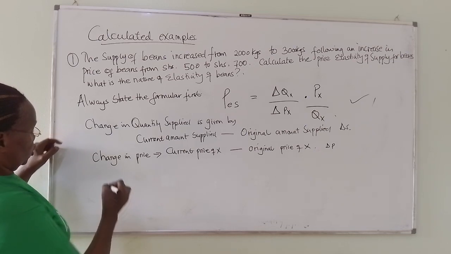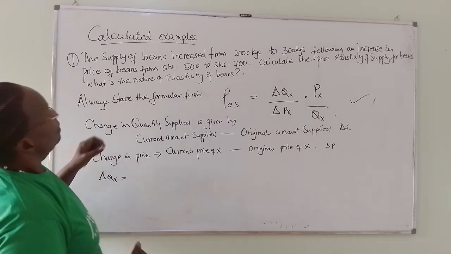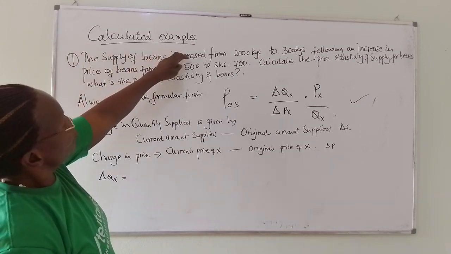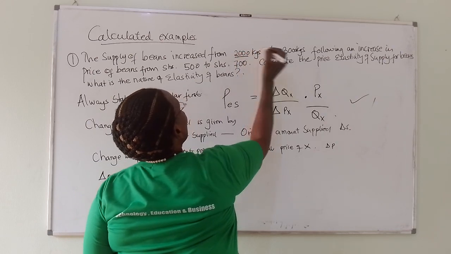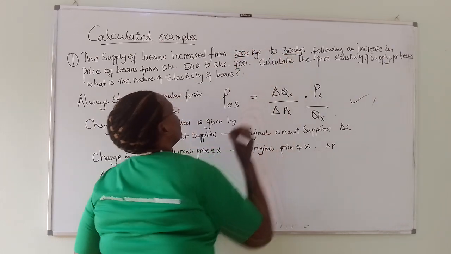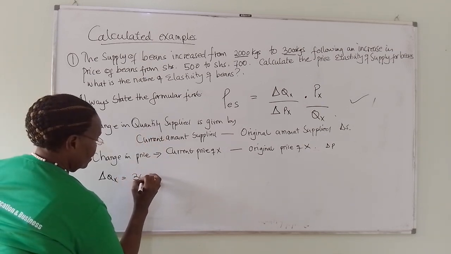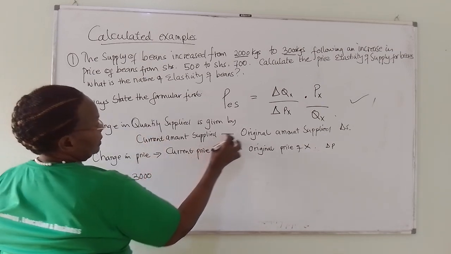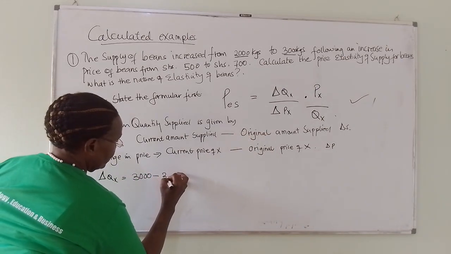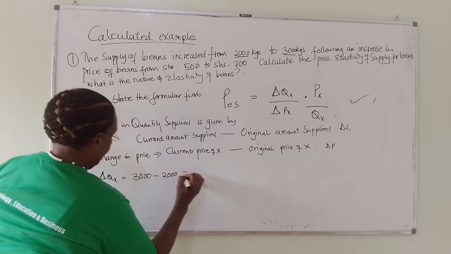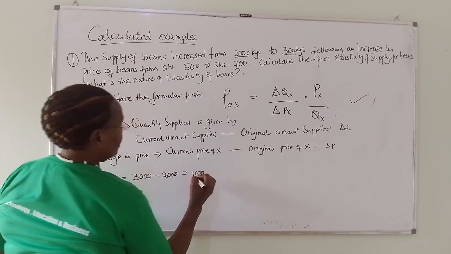So let's calculate the change in quantity supplied of X. They are telling us that the supply of beans increased from, which means that this is our original quantity and this is our current quantity. So our current quantity is 3,000, and to get the change in quantity, subtract the original quantity, which is 2,000. Therefore, change in quantity supplied of X is 1,000 kilograms.